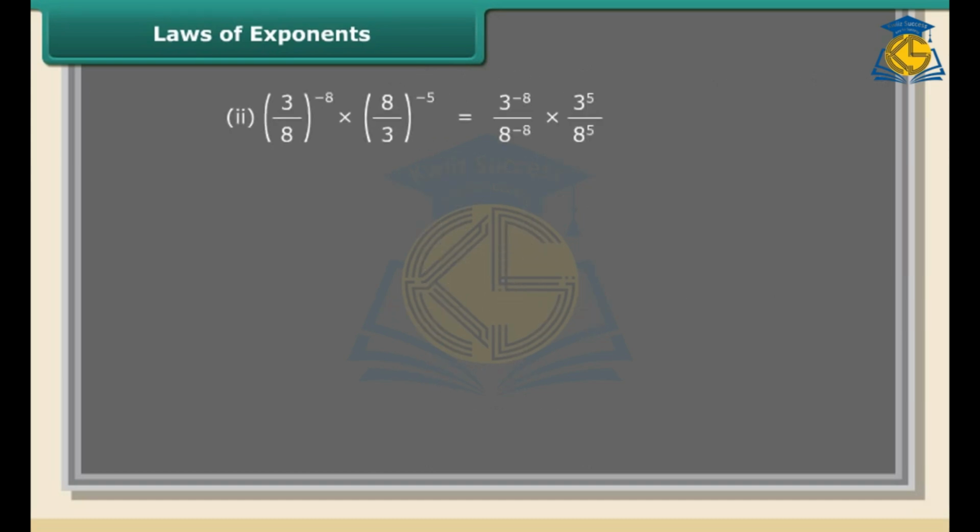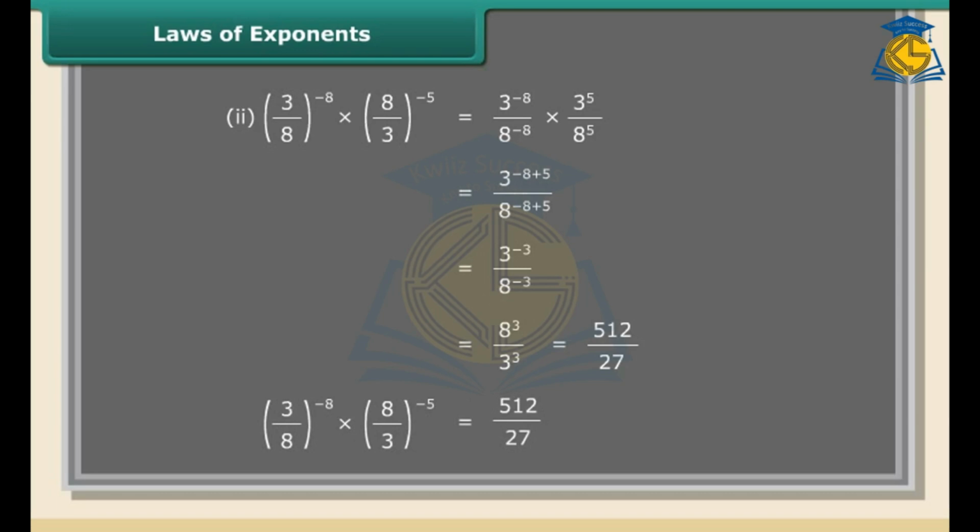(3/8)^(-8) into (8/3)^(-5) is equal to 3 raised to the power minus 8 upon 8 raised to the power minus 8 into 3 raised to the power 5 upon 8 raised to the power 5, is equal to 3 raised to the power minus 8 plus 5 upon 8 raised to the power minus 8 plus 5, is equal to 3 raised to the power minus 3 upon 8 raised to the power minus 3, is equal to 8 raised to the power 3 upon 3 raised to the power 3, is equal to 512 upon 27.